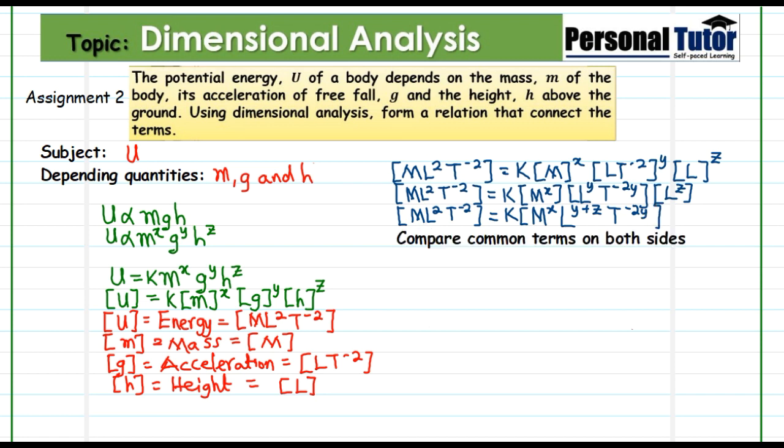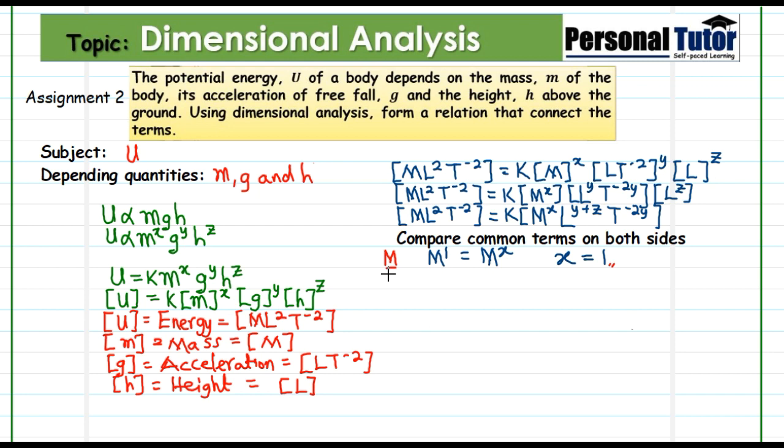The next is comparing the common terms from both sides. Let's start with the M. For the M, the left hand side carries a power of 1. On the right hand side, it carries a power of S. And since the bases are the same, the exponents could be said to be equal. So S is equal to 1. That is it.